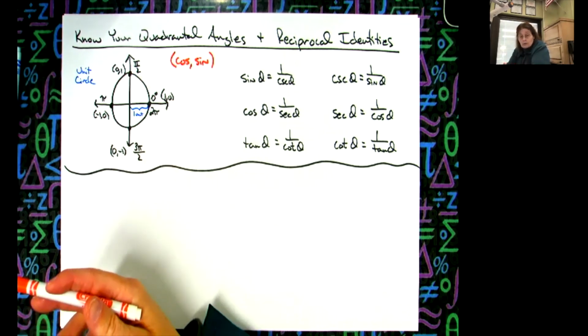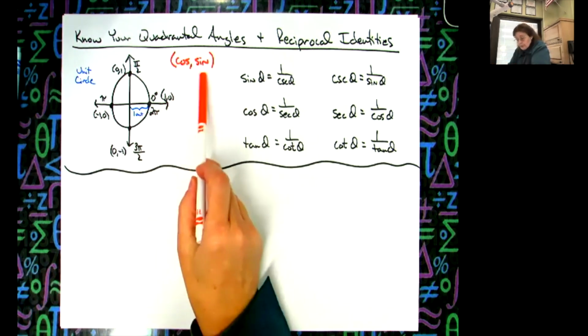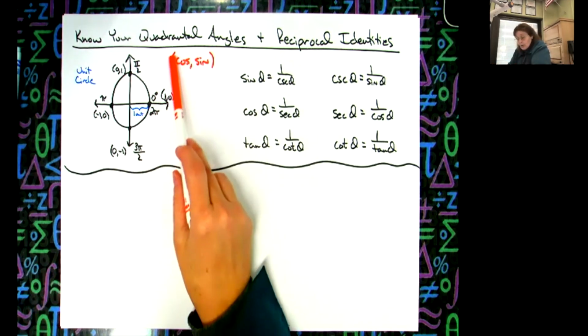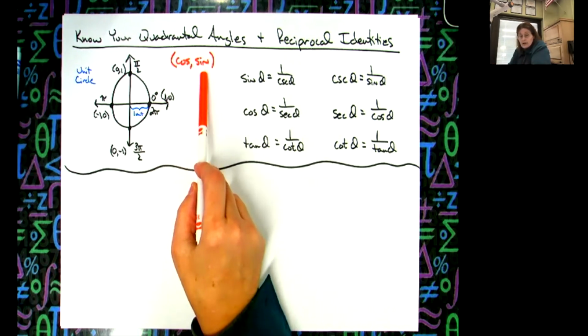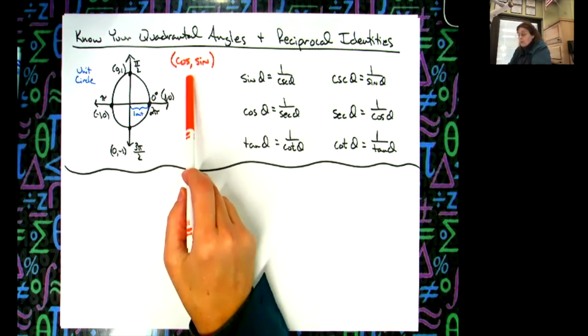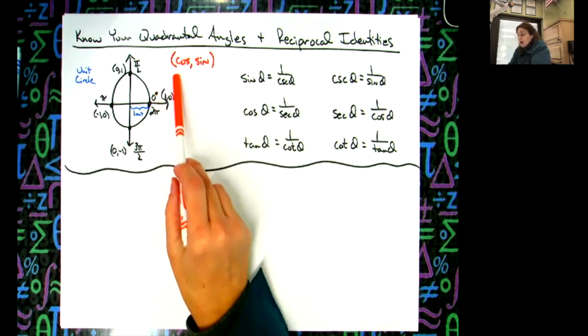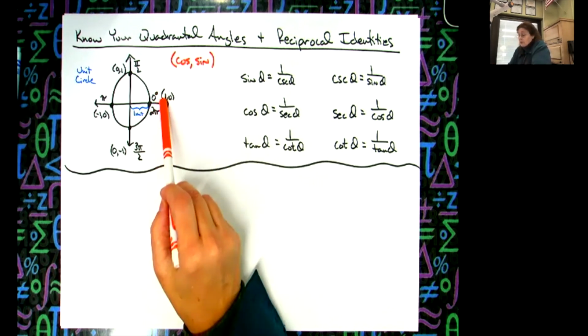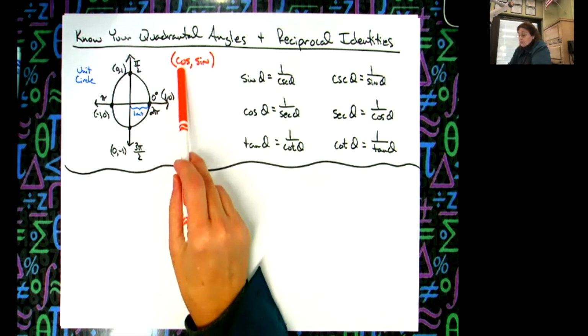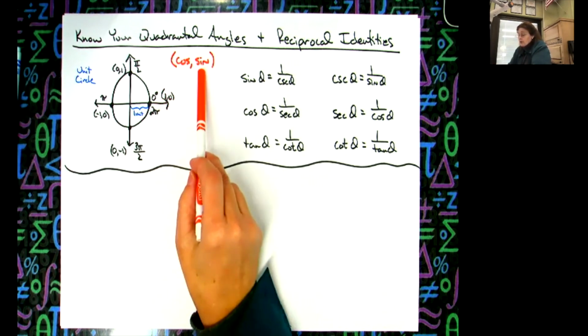On our formula sheet, you have seen this a lot. Ordered pair, cosine, sine. This is definitely something you should memorize. It's been in some previous notes, and we've talked about it a little bit, but I'm emphasizing it again. Each one of these ordered pairs, the first x coordinate is cosine, and the second one is sine.